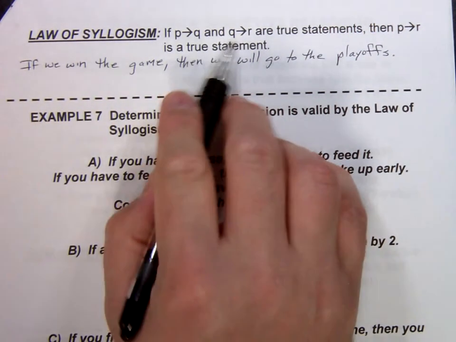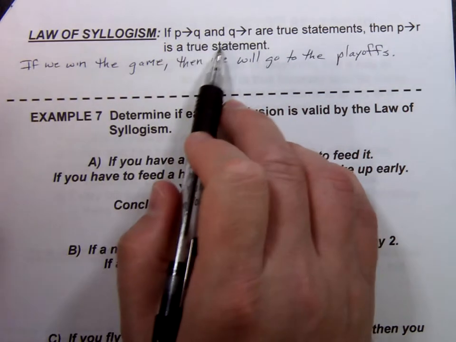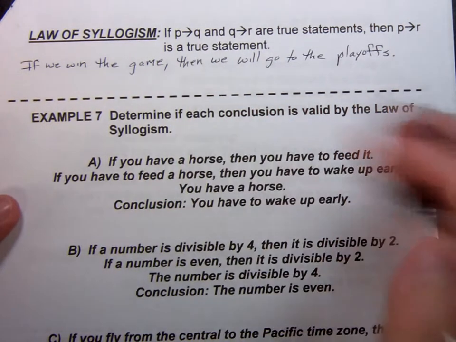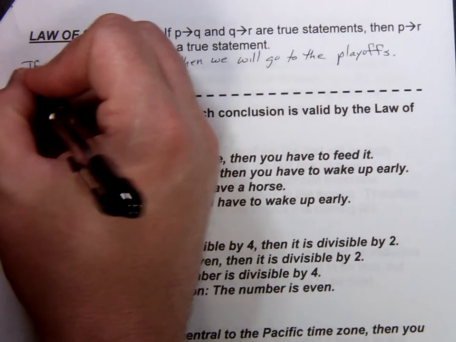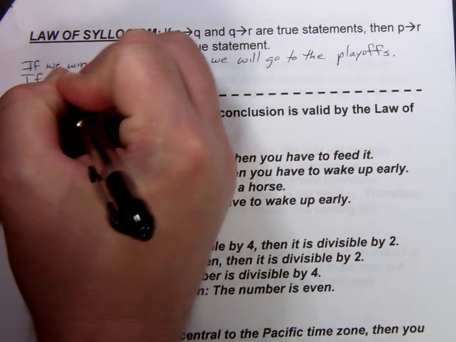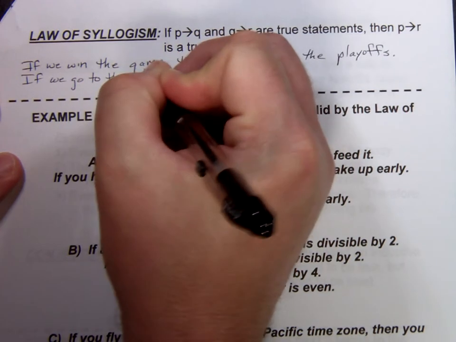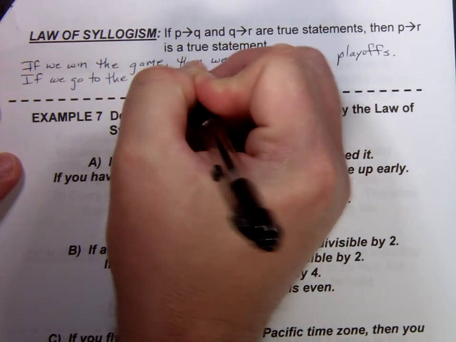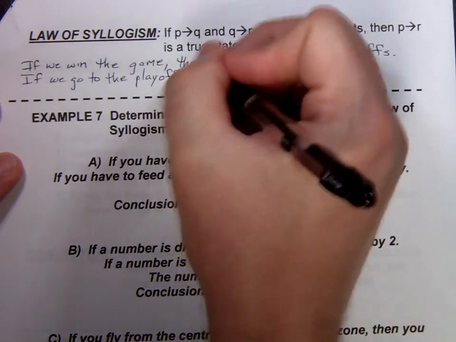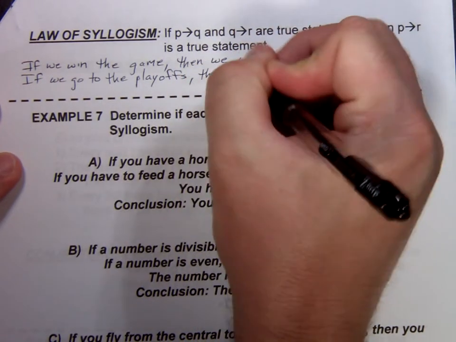So notice the Q has to repeat. So Q was, we will go to the playoffs. So I need to start my next statement with that. If we go to the playoffs, let's say, then Jason Garrett will keep his job.